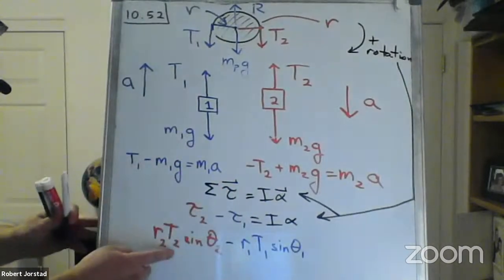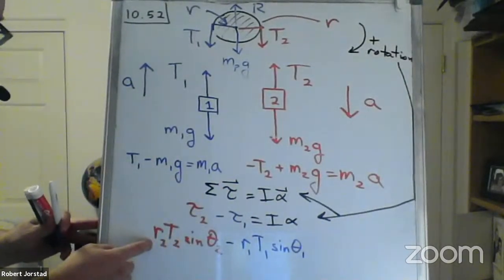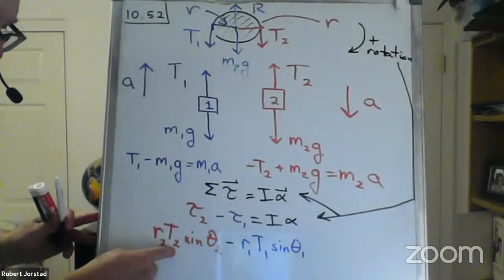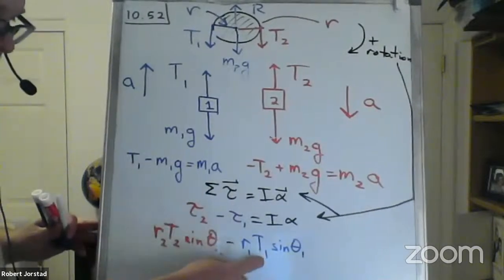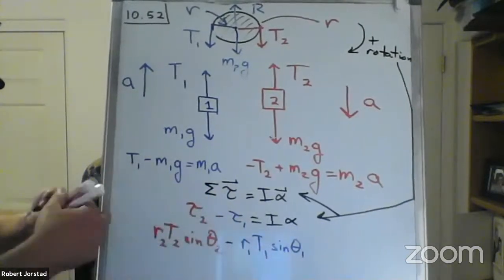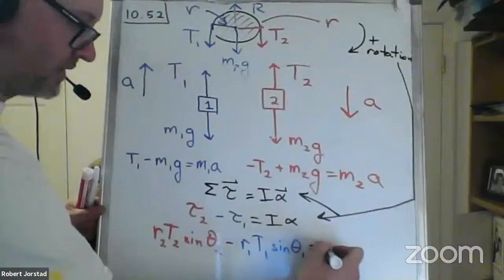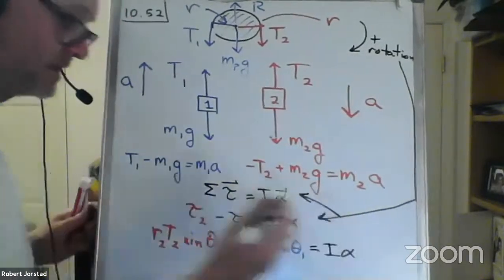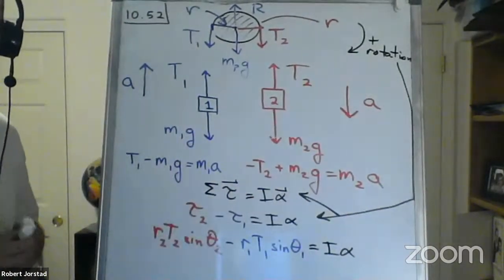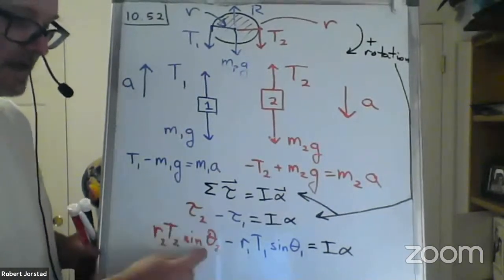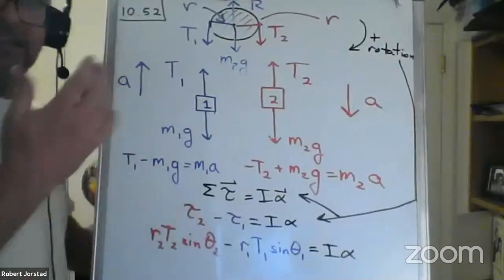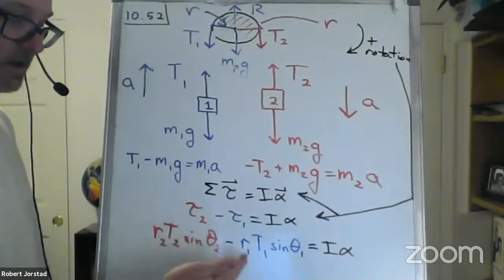To be clear, I think I may have said torque here, but it's radius 2, force 2, angle 2. Radius 1, force 1, angle 1. Apologies if I misspoke earlier. I alpha. In this case, we've already discussed the angles are 90 degrees. In this case, the radii are the same.